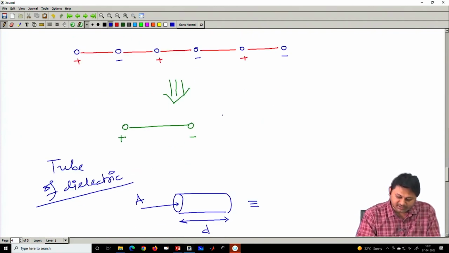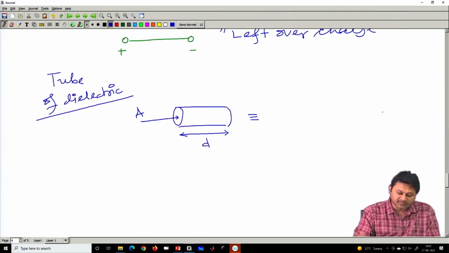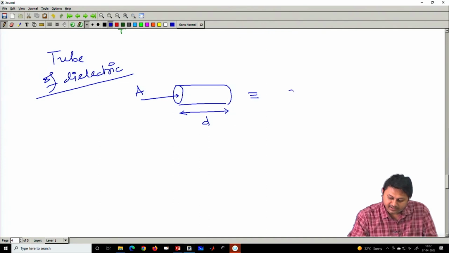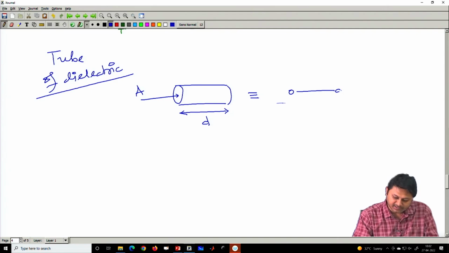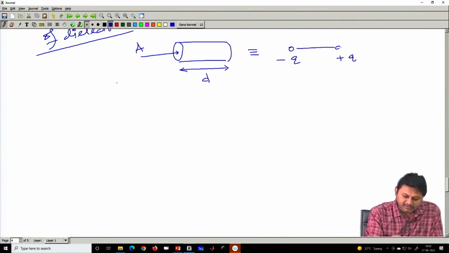This is the leftover charge sitting at the boundaries. So, I have a leftover charge sitting over this boundary, and eventually I can consider this as a dipole having charge minus q and plus q sitting here and here.